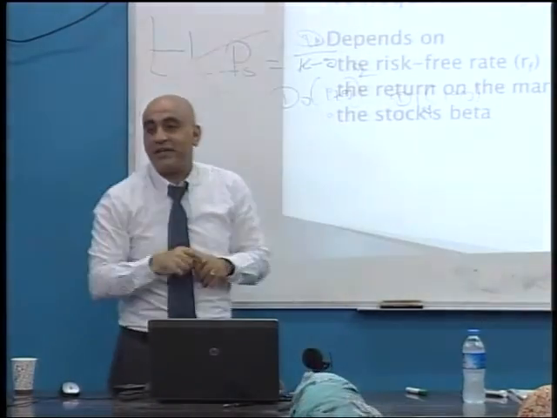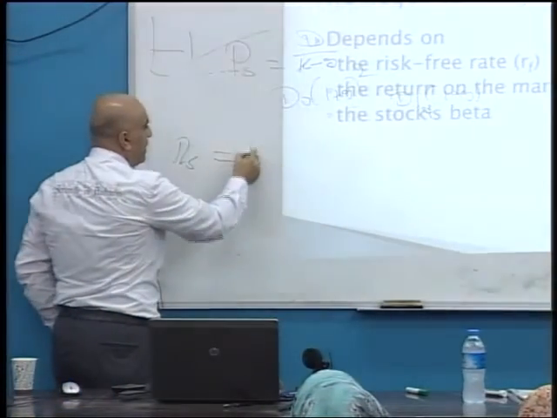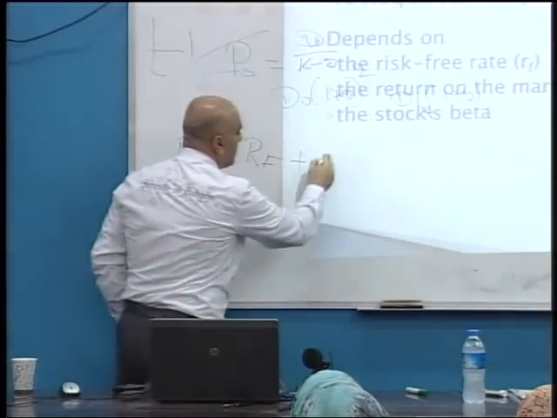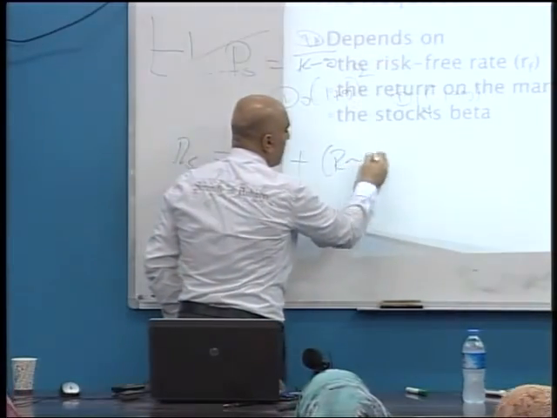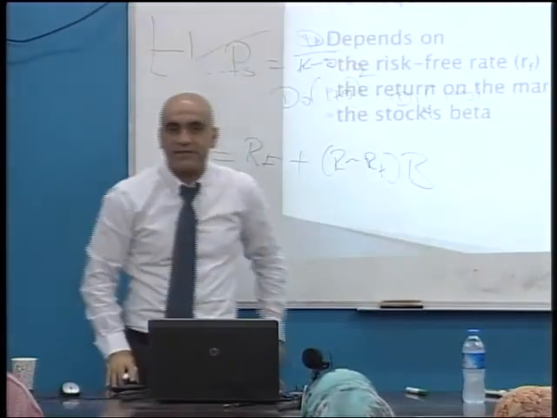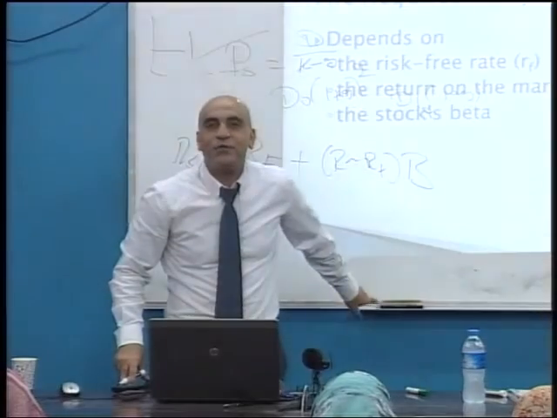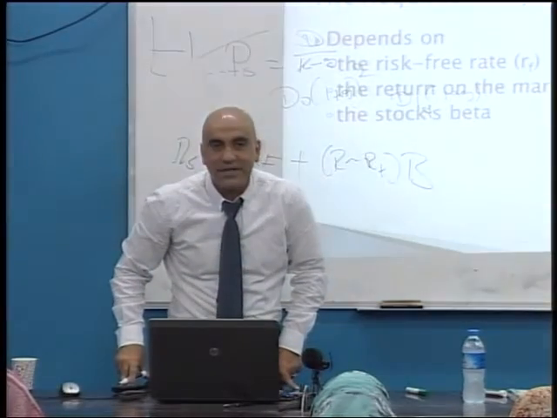Just to remind you, the required rate of return, RS or KS, is equal to the risk-free rate plus RM minus RF times beta. In addition, this assumes the market is efficient.